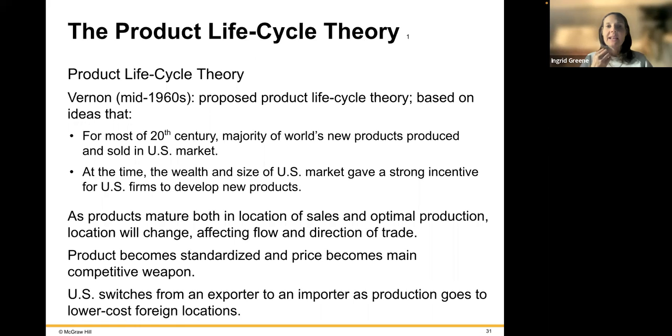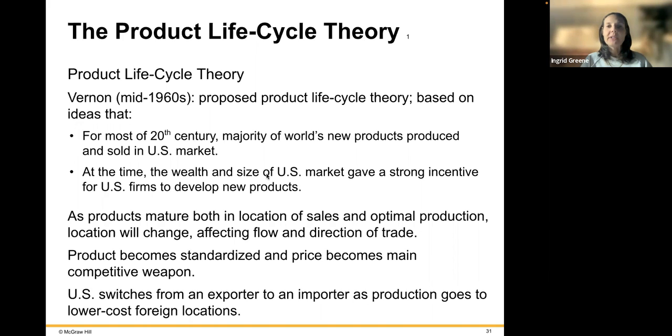But in the 1960s, most new products were produced and sold in the US. If you think back to your grandparents, or when my parents moved to the United States in the 50s, it was because it was a really exciting time to be here. New products, new production, lots of people to sell things to, etc.